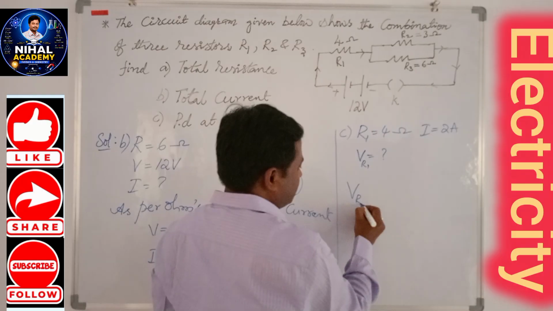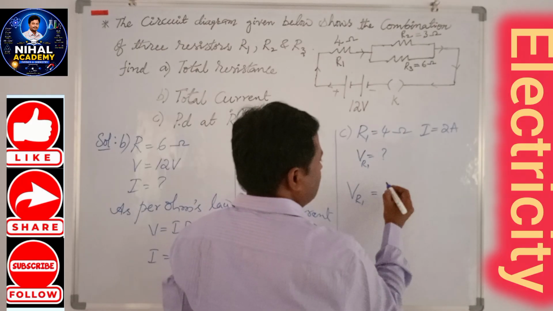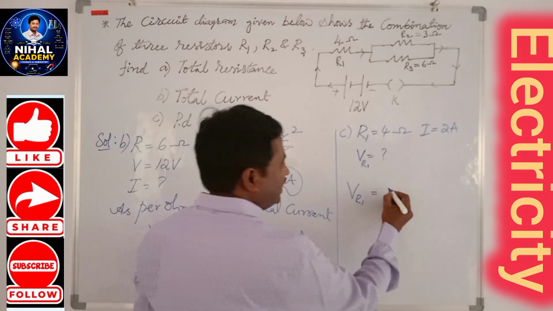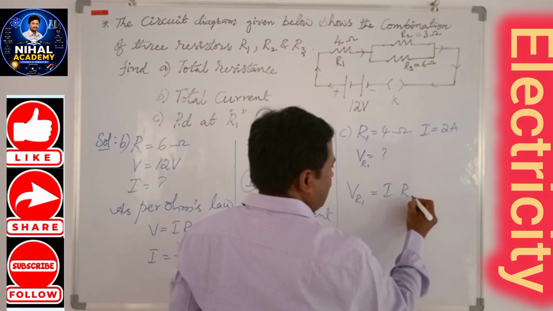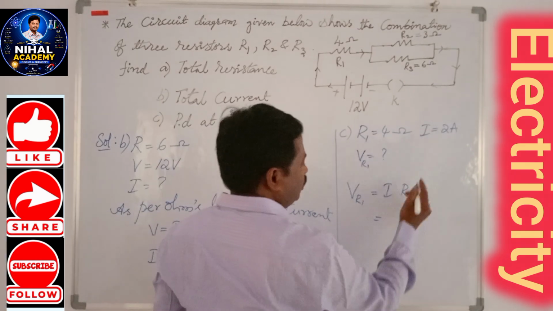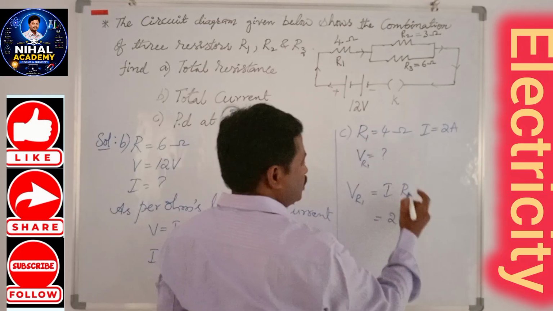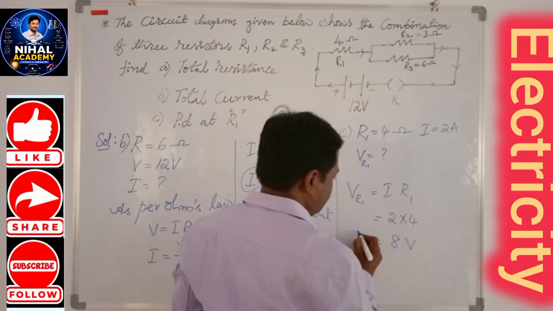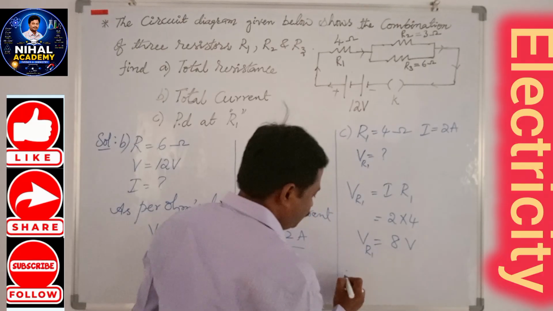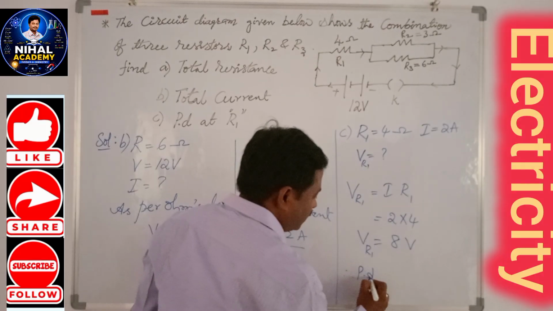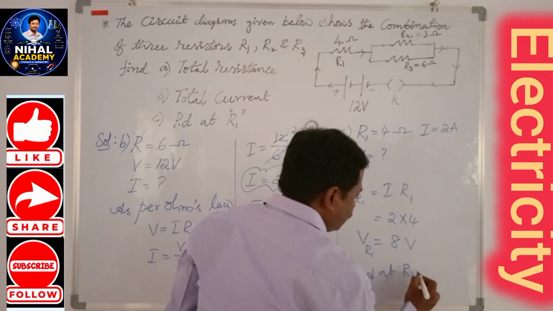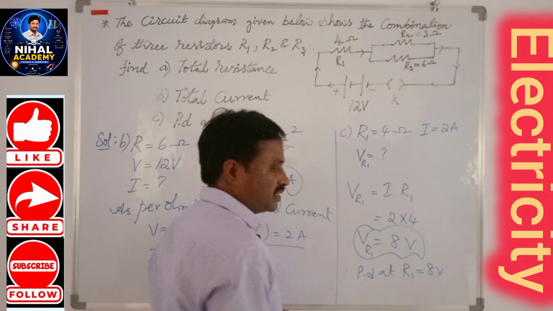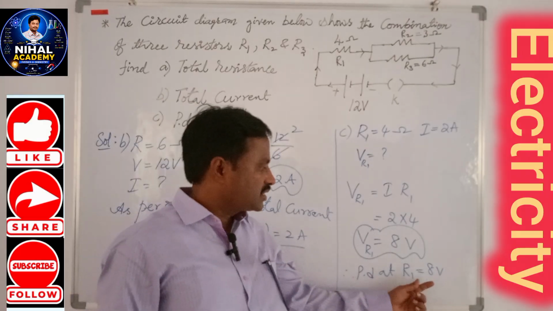As per Ohm's law, V is equal to I into R1. I is equal to 2 and R1 value is 4. So 2 4s are 8. So this is 8 volt. Therefore, the potential difference at R1 is equal to 8 volt.